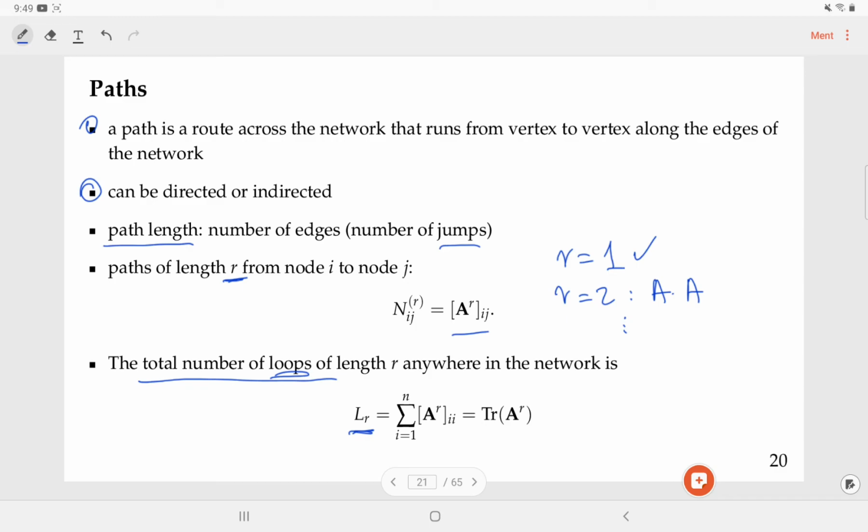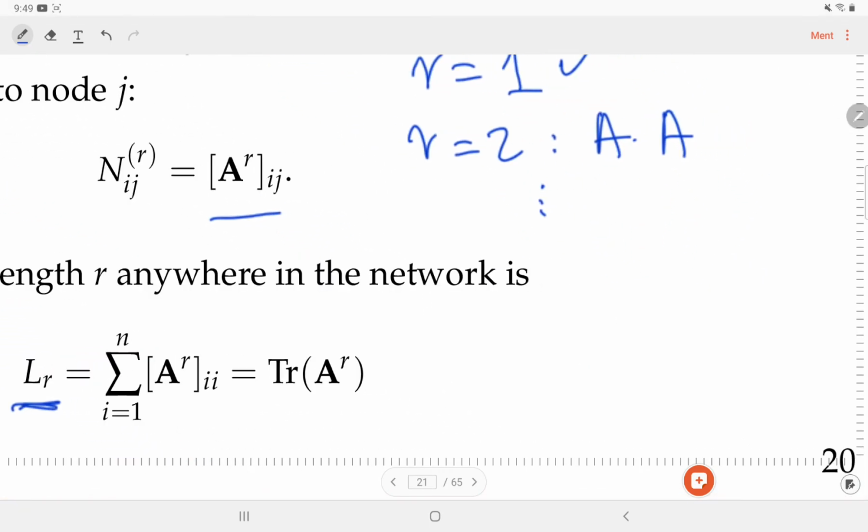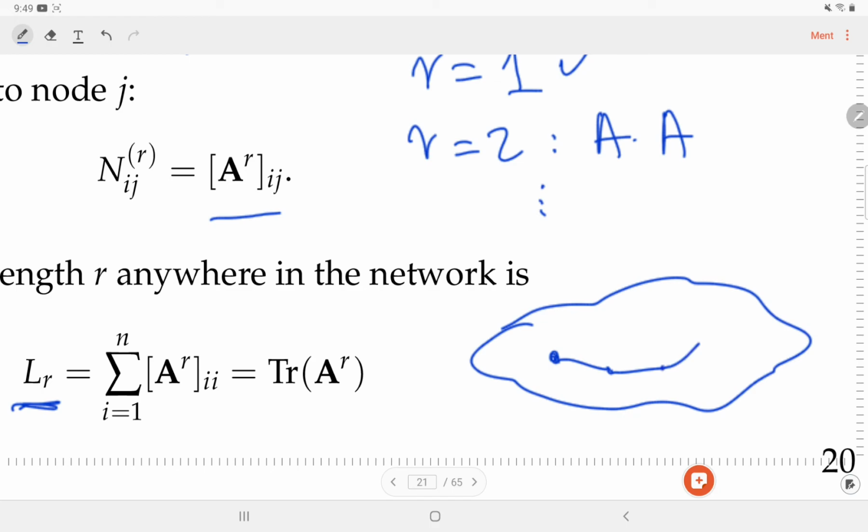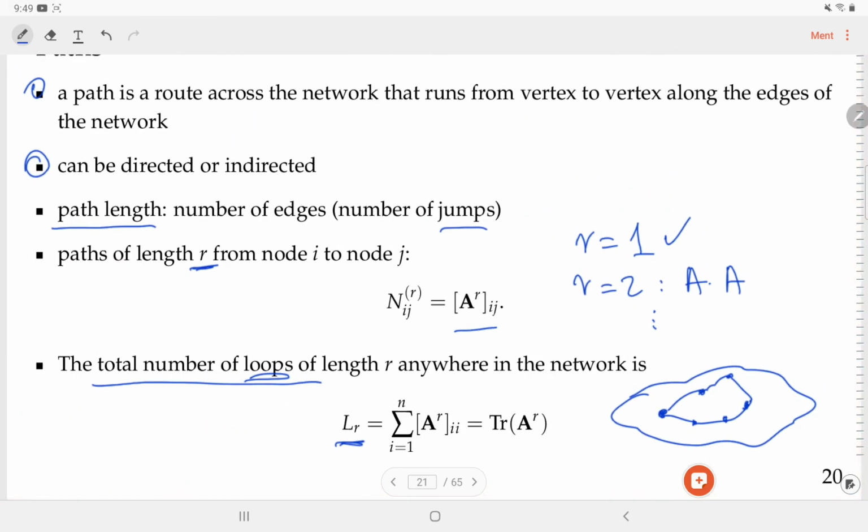So that was the thing, that we have a graph, and then we start from a node, and then we visit another one, and then sooner or later we get back to the same node. So this is a cycle or loop of length r in our network.